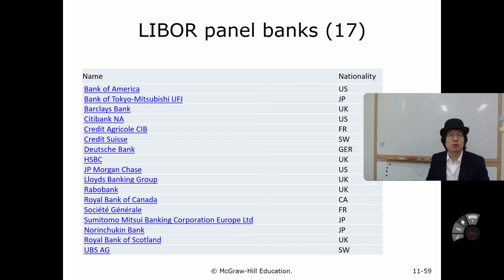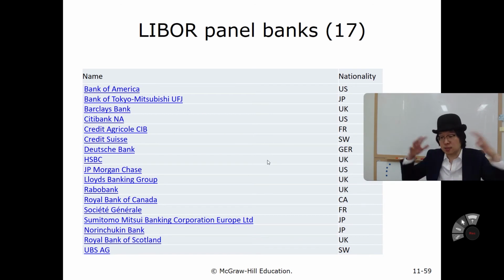That's a Japanese one. And Norinchukin Bank. What is that? That's a Japanese one. Okay, it's like an agricultural bank of Japan. Royal Bank of Scotland is there, RBS, and UBS, the Swiss bank, is also there. So 17 of them. You can see that this is a multinational list of banks, right?